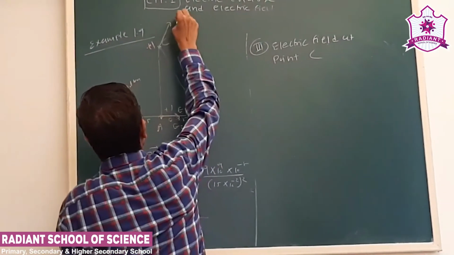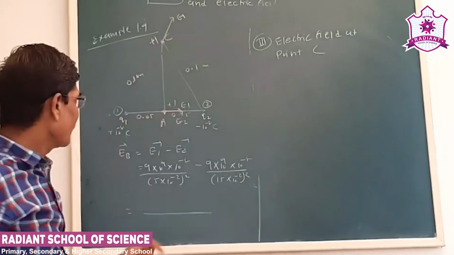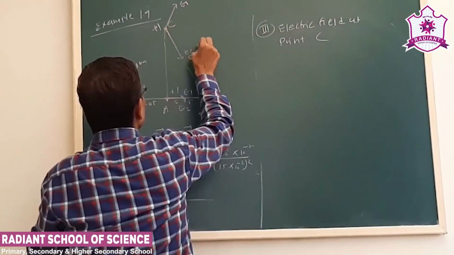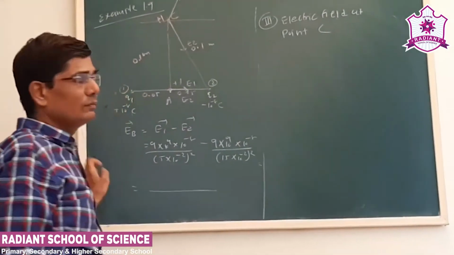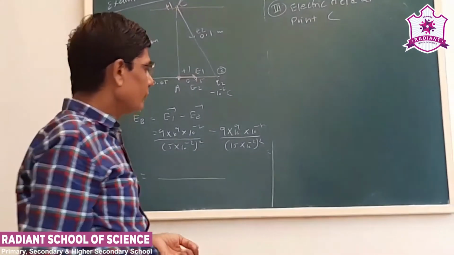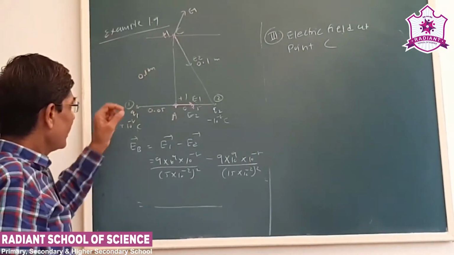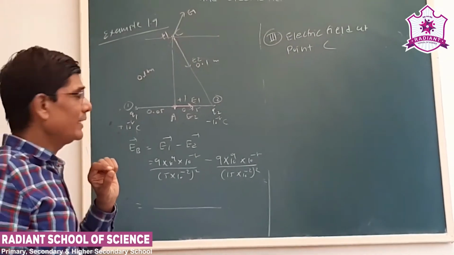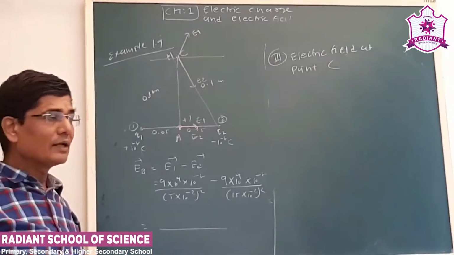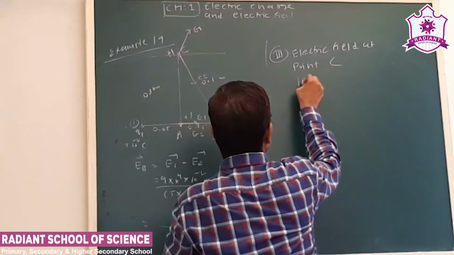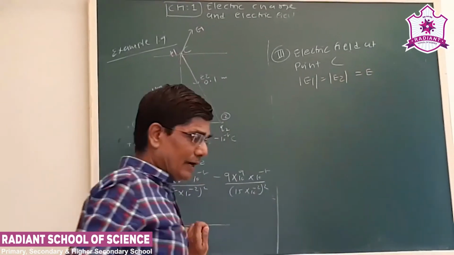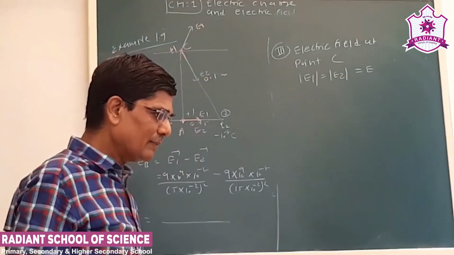So E1 will be like this, and this is a negative charge, so it will attract, E2. Now these are two fields of equal magnitude but with some angle. The magnitudes of E1 and E2 are equal, and we need the angle between them.